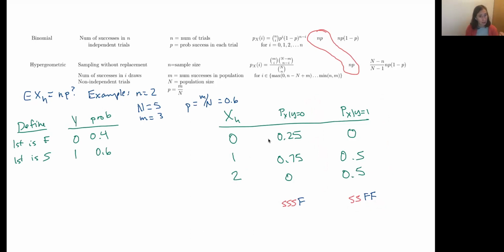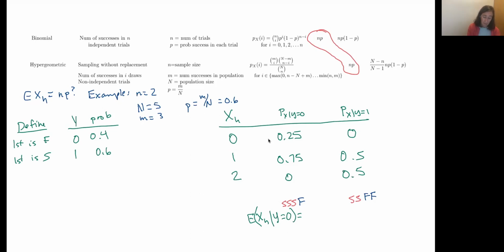Let's go ahead and calculate the conditional means. Okay, so, give myself a little bit more space here, the expected value of X. Remember, X is the hypergeometric. It's the total number of successes in my sample of 2. That is just going to be 0 times 0.25 plus 1 times 0.75. That equals 0.75, but I have to remind myself which expected value I'm calculating here. This is the one that is conditional on y equals 0.